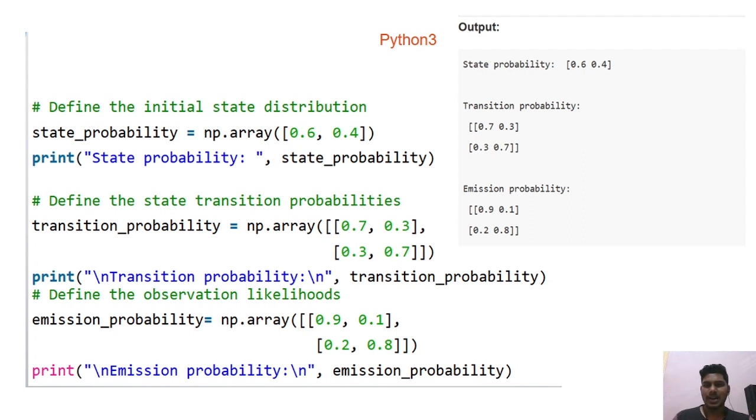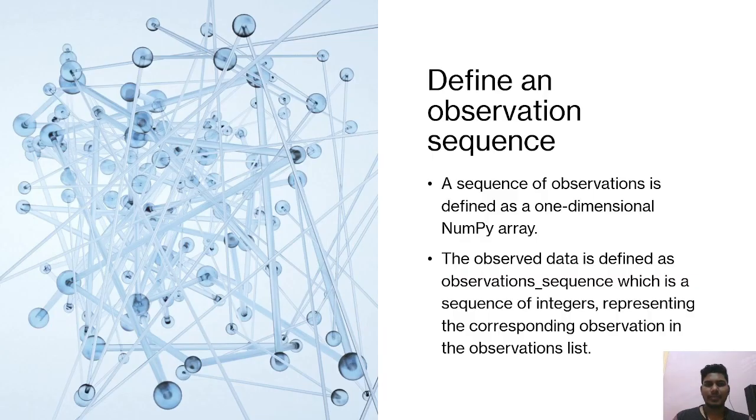As per the output, we are getting the state probability as 0.6, 0.4, and the transition probability as 0.7, 0.3 and 0.3, 0.7, which is a 2D array. Next we are defining the output for the emission probability, which is also a 2D array, as 0.9, 0.1 and 0.2, 0.8.